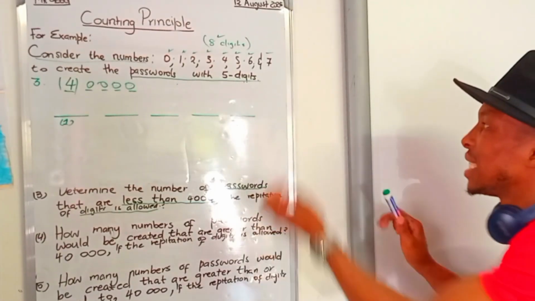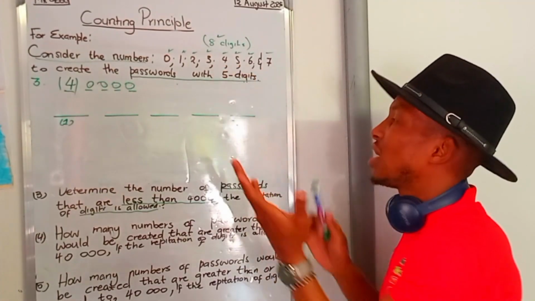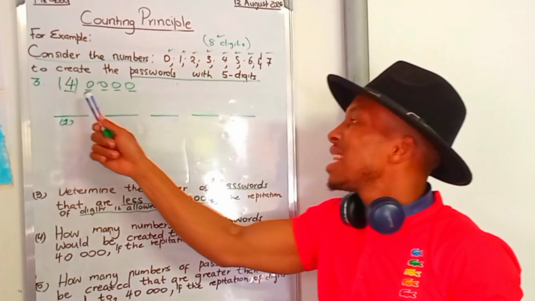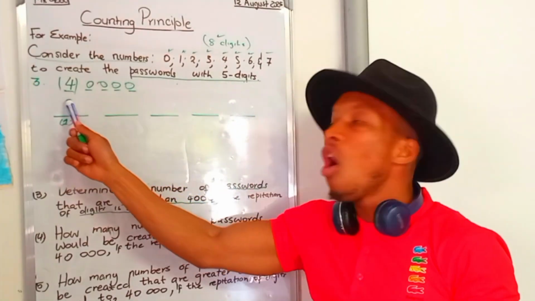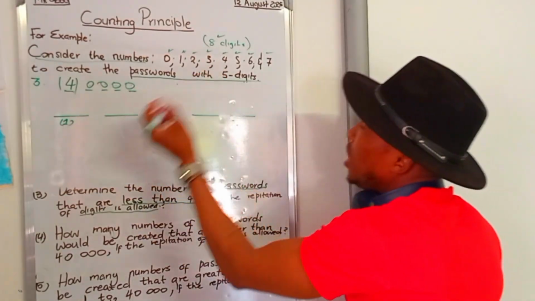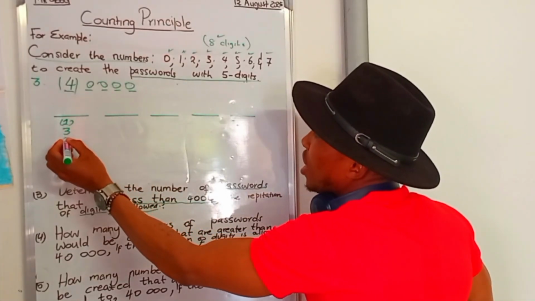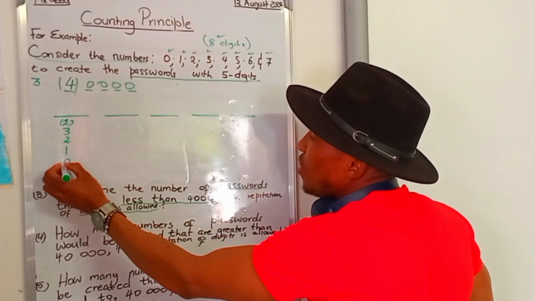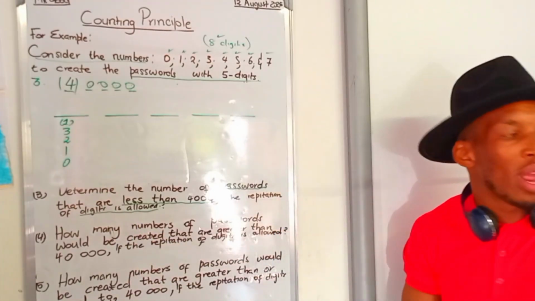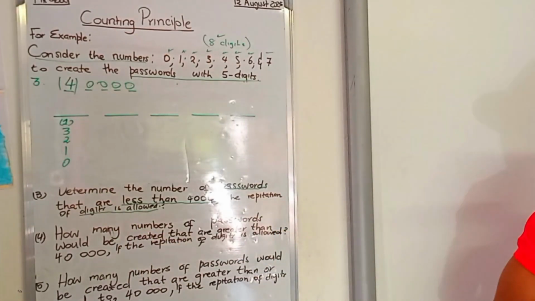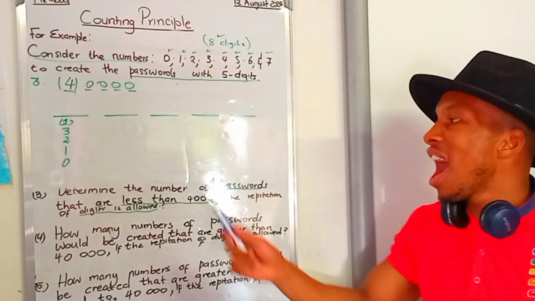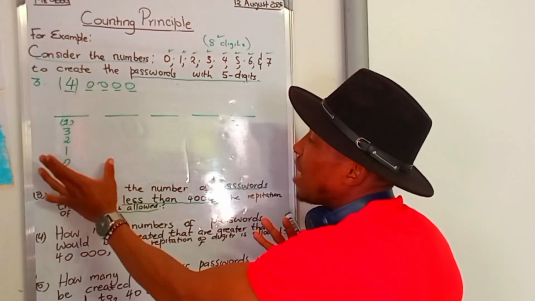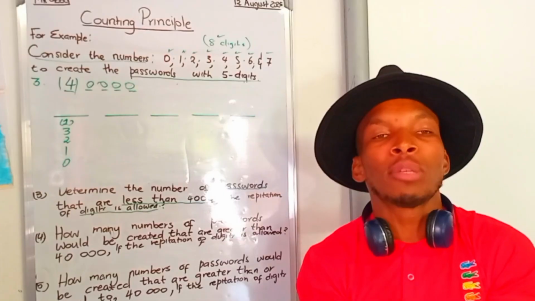We have 3, 2, 1, and 0. How many numbers are less than 4 on the first event, because the counting principle means what?